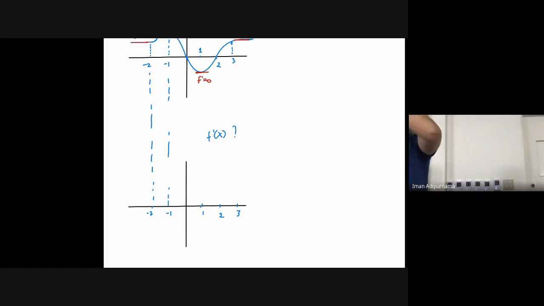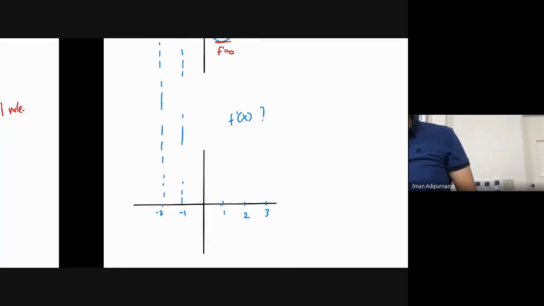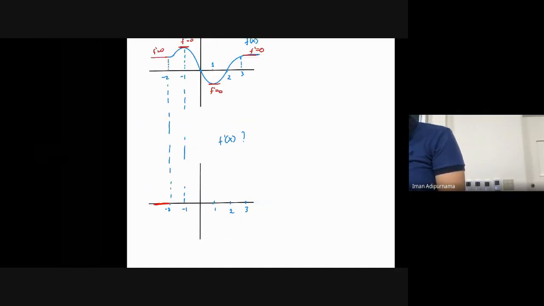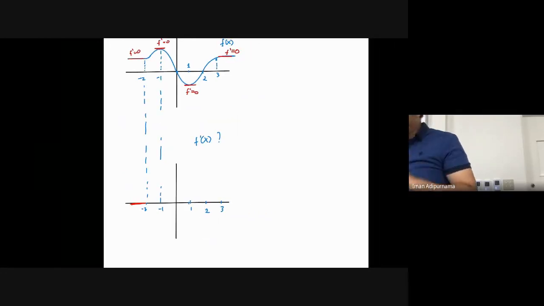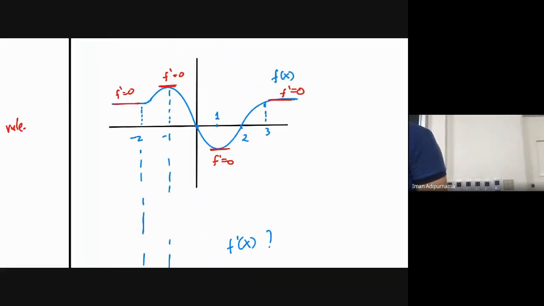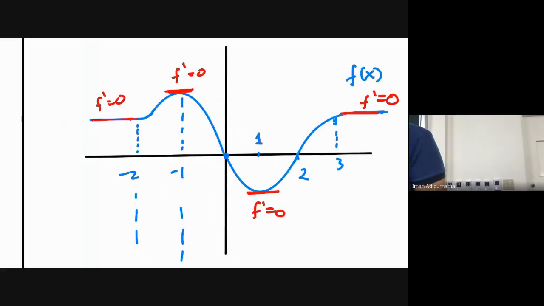Let's say at -2 it is still 0. So we have 0 up until maybe -2, and then you see the gradient is going up, it's positive.